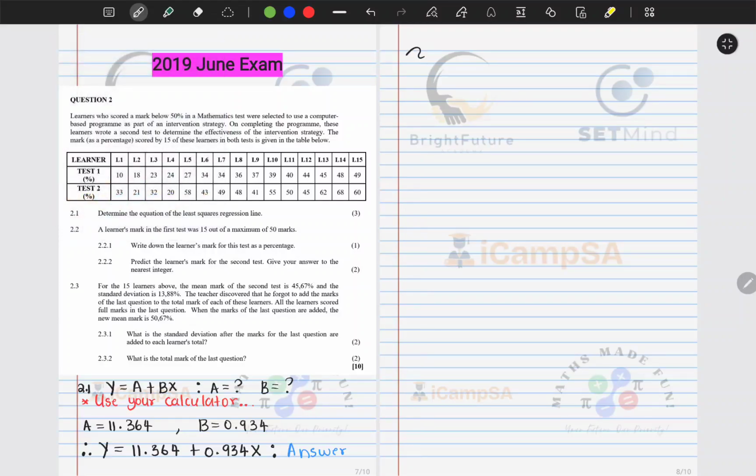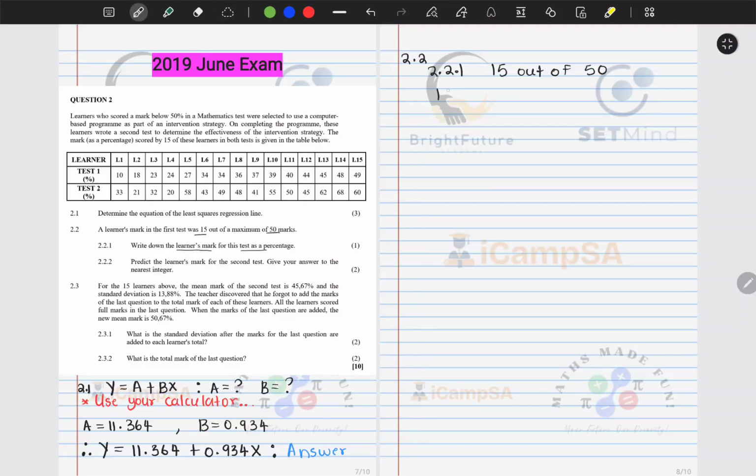Next, let's have a look at 2.2. So in 2.2, we are told Elena's mark in the first test was 15 out of a maximum of 50 marks. So we need to write down the learner's mark for this test as a percentage. So that's very simple, 2.2.1. So remember, this learner got 15 out of 50 marks.